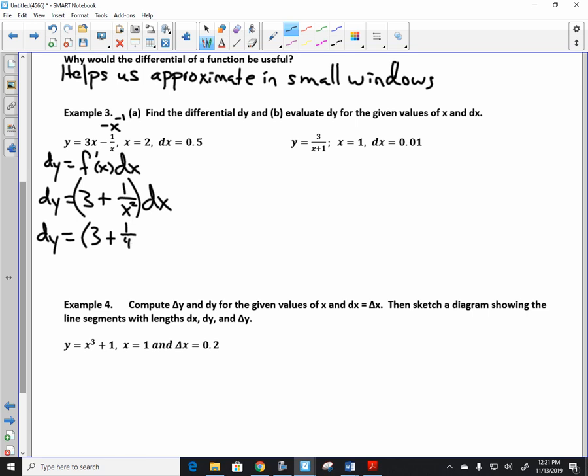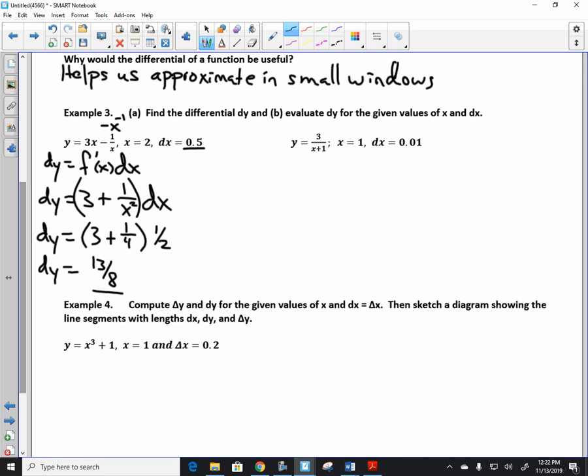So I get 1 over 4 times dx. dx is 0.5 or 1/2. So dy is, what's 3 plus a fourth? 13/4 times a half? 13/8. So that means if I go over 0.5, the function goes up approximately 13/8.